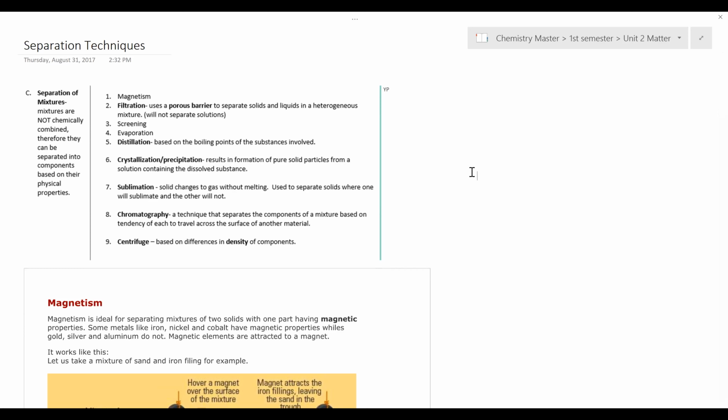Phase change. Phase changes, yes. So sometimes we can use phase changes, evaporation and sublimation, to also separate things out, okay?